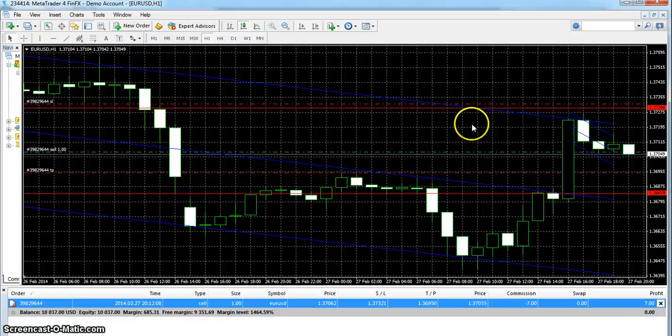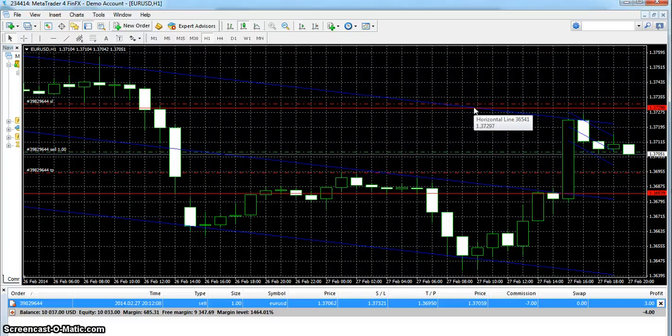So now that I have my take profit and my stop loss in, I can walk away from my computer, and as soon as the market hits my take profit, it'll take me out, or vice versa. If the market goes in the complete opposite direction for whatever reason, then I've got my stop loss in place to protect myself if that happens, and I can live to trade another day.